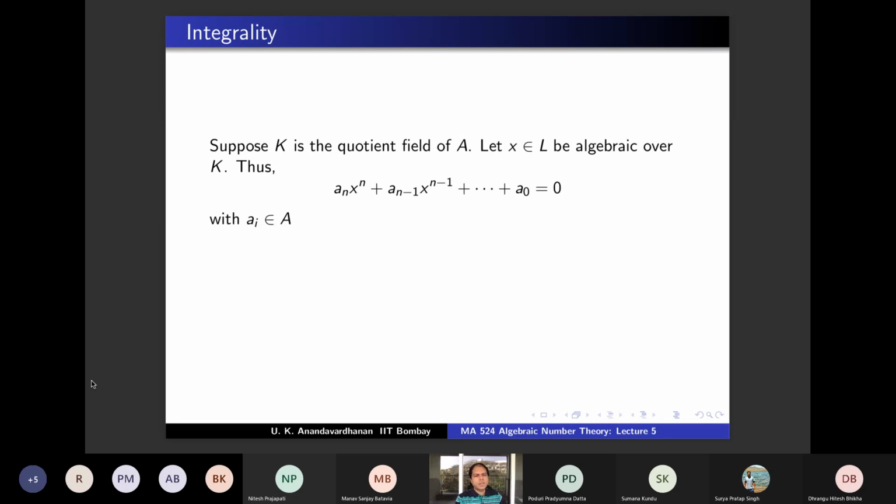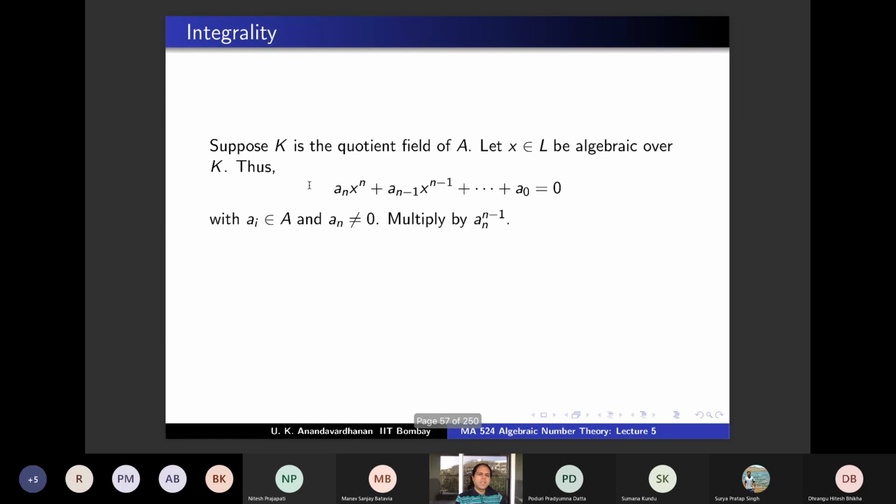So you can clear the denominators and assume that the a_i are in A, but monic is not there. If you have any polynomial with coefficients in K, each of the a_{n-1} you can write as b_{n-1} by c_{n-1} and clear the denominators, and you will get a polynomial like this. So you can assume that the coefficients are in A with a_n not equal to 0. Right, the leading term will have some coefficient a_n.